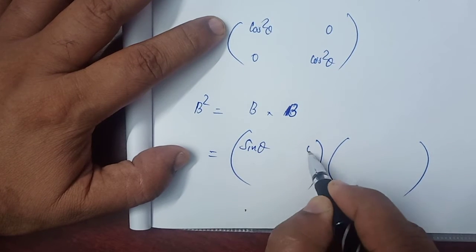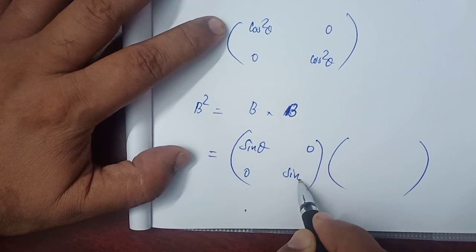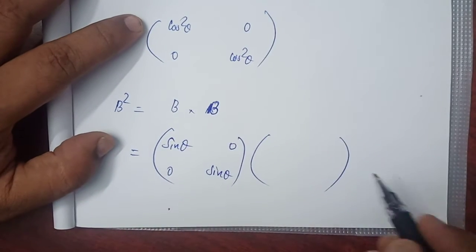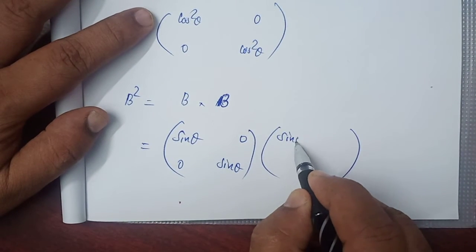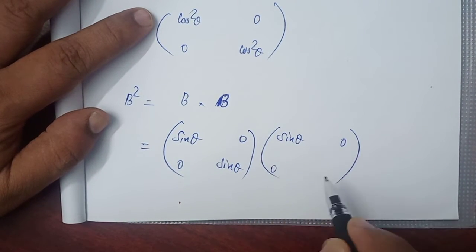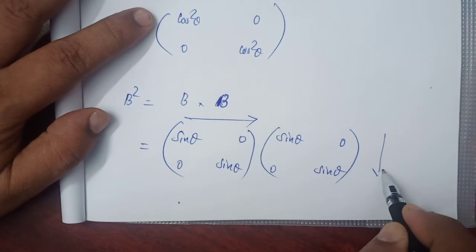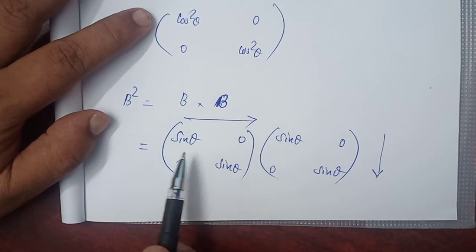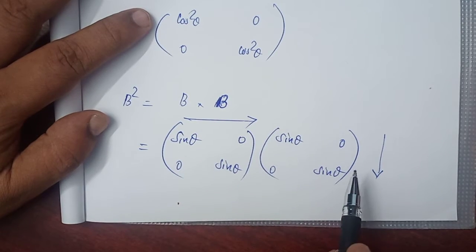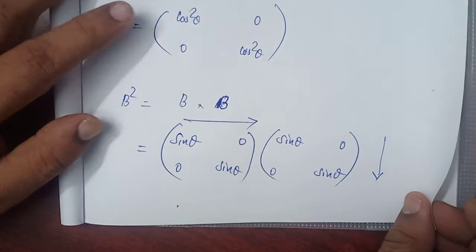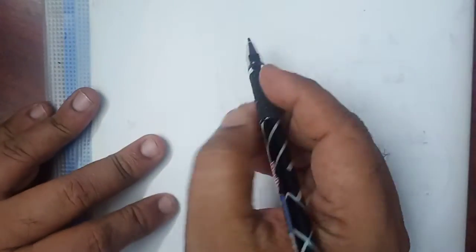Here also sin theta 0, 0 sin theta. Again row by column. Here we have two rows, here we have two columns. So it is a 2 by 2 matrix. The resultant matrix is of order 2 rows, 2 columns.